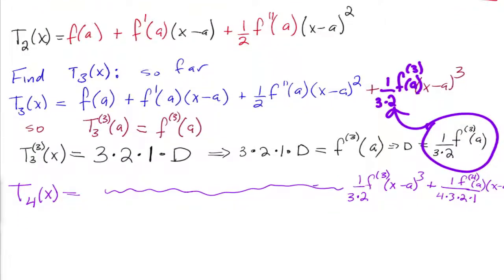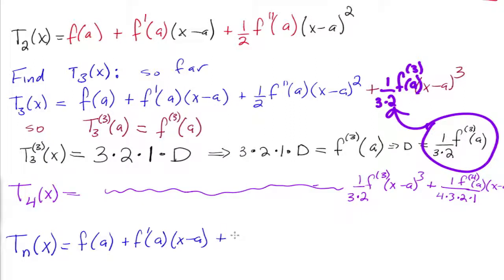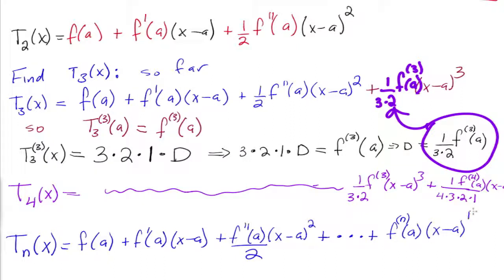So we have t n of x is equal to, so let's write down a couple. F of a plus f prime at a times x minus a plus f double prime at a times x minus a squared over 2 plus dot dot dot plus the nth derivative at a times x minus a to the n over.